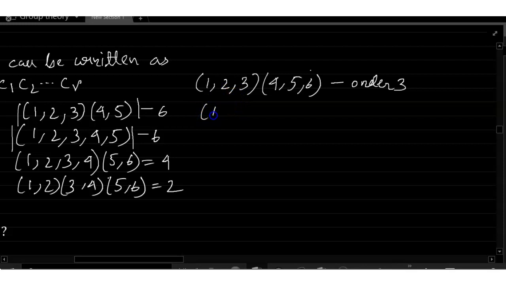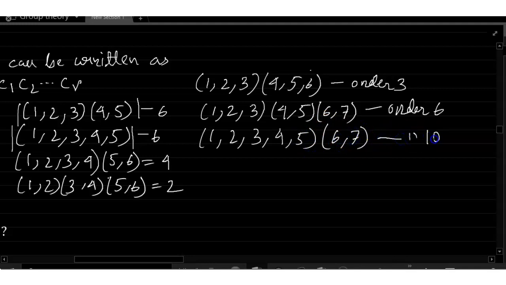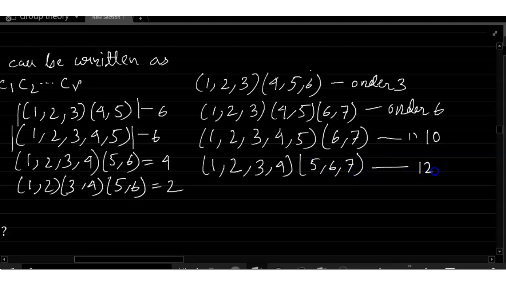Similarly, I can write (1, 2, 3, 4, 5, 6, 7) of order 7, another is (1, 2, 3)(4, 5, 6, 7) is order 12.